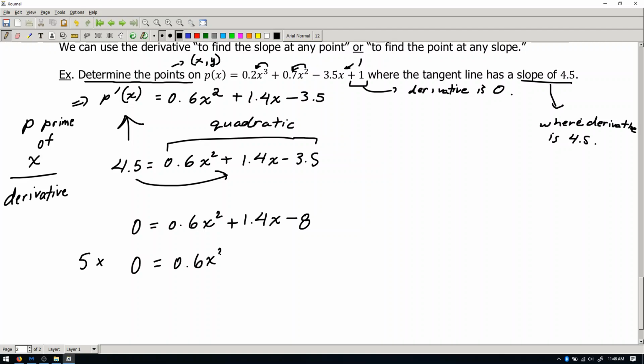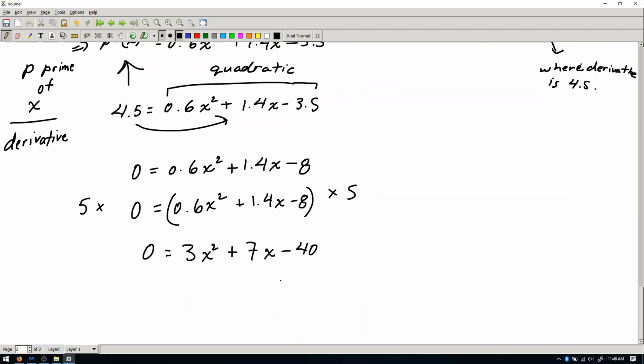So I have to multiply everything inside this bracket by 5. What you'll end up getting is 3x squared plus 7x minus 40 equals 0. This is much nicer. I can actually factor this.